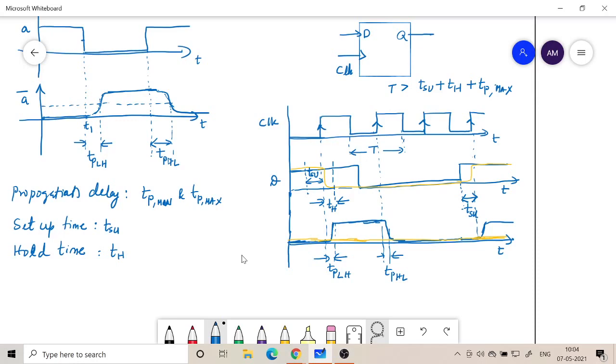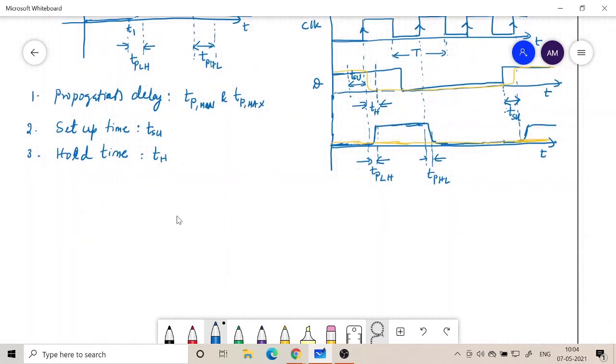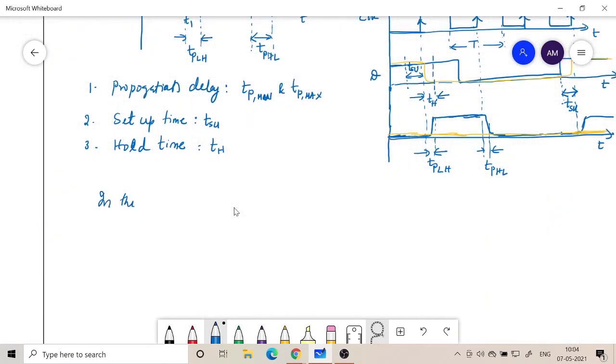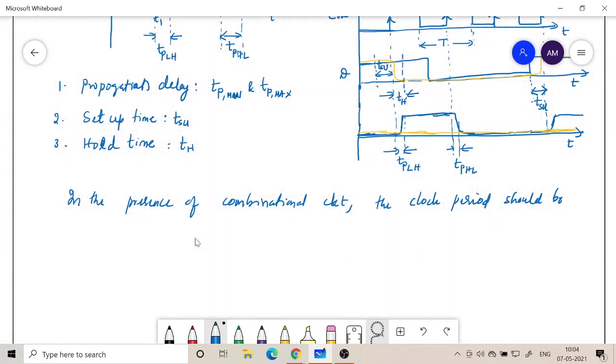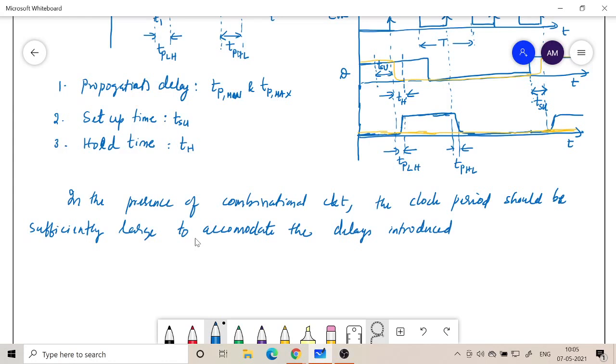So in the presence of combinational circuit, the clock period should be sufficiently large to accommodate the delays introduced by it.